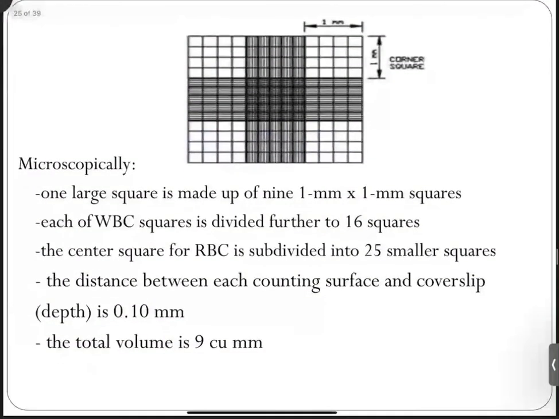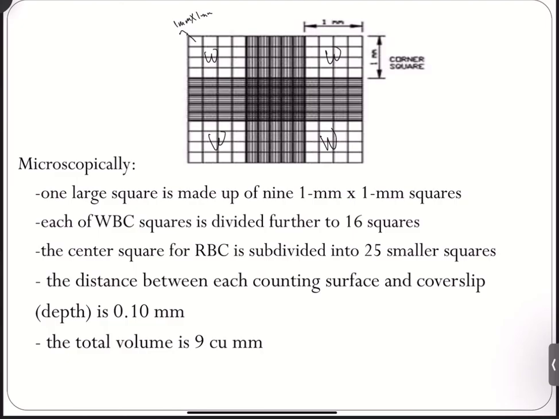So, microscopically, your hemocytometer looks like this. Now, one large square is made up of 1 millimeter by 1 millimeter. This is used for WBC counting.